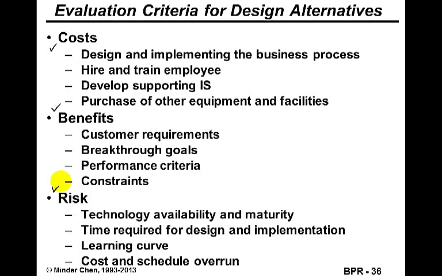Newer technology, emerging technology will be riskier, but certainly the reward can be greater. And costs usually are easy to identify. Just make sure you identify all the hidden costs. A lot of benefit tends to be intangible, but it needs to be identified so that it can be used to justify the project.